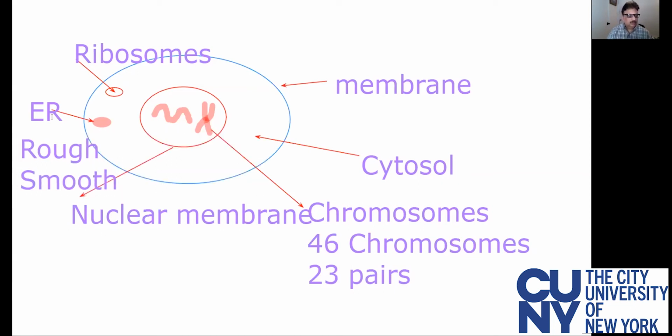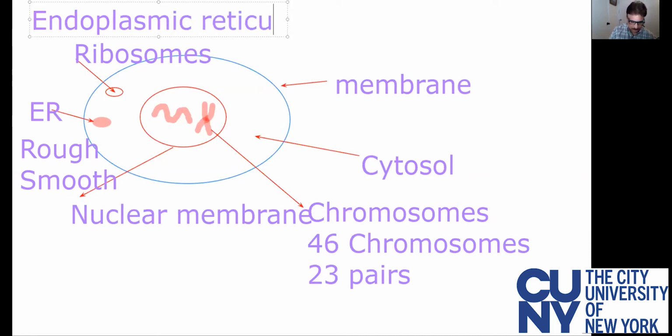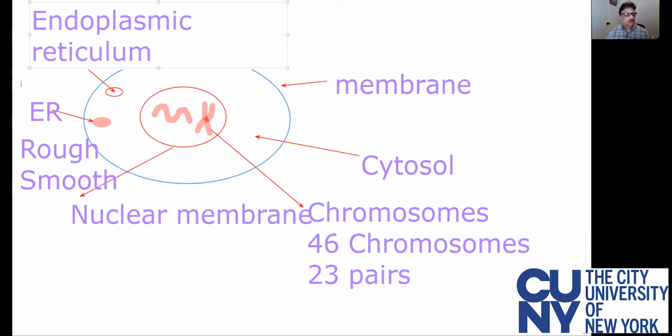ER stands for endoplasmic reticulum. The rough ER is responsible for protein synthesis, and the smooth ER is responsible for lipid biosynthesis. So two kinds of ER. ER stands for endoplasmic reticulum.